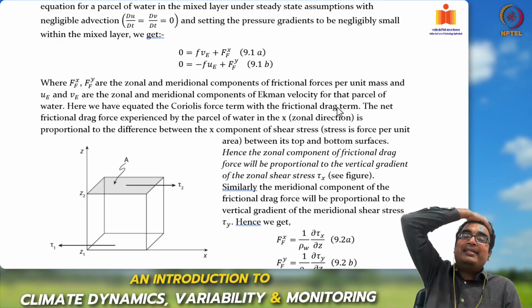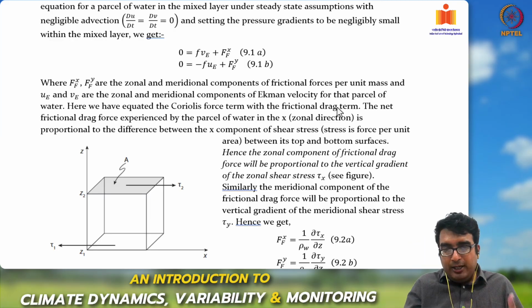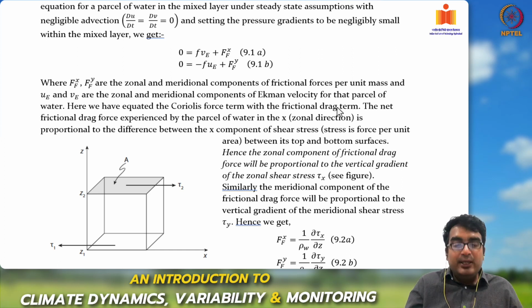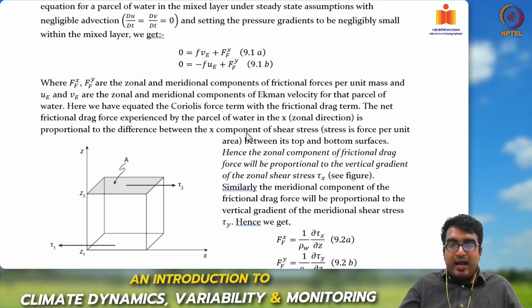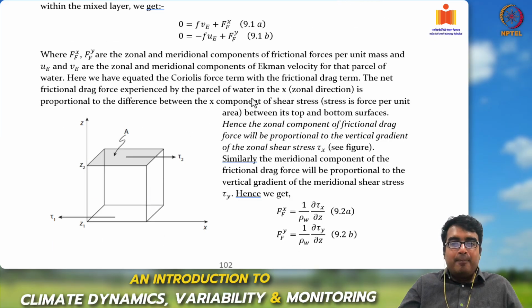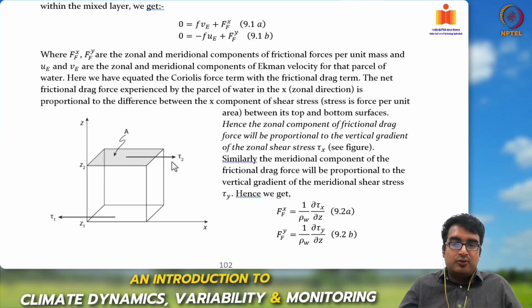Now, what is the frictional drag force? We need an explicit expression for the frictional drag force. Remember, water can be viewed as an incompressible liquid. So, the net frictional drag force experienced by a parcel of water in the X or the zonal direction is proportional to the difference between the X component of shear stress between its top and bottom surface.